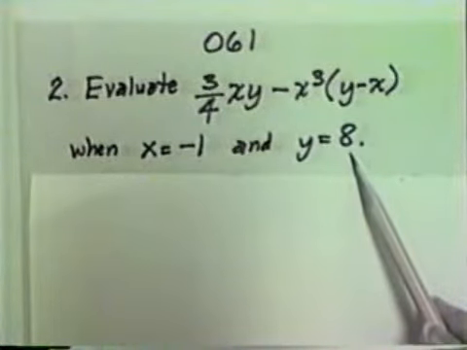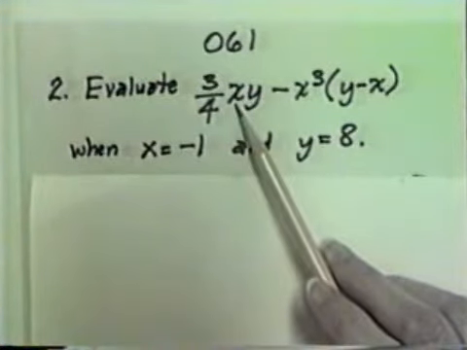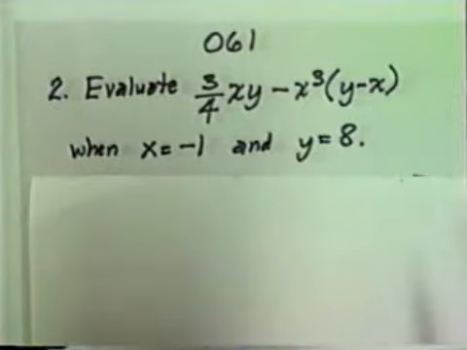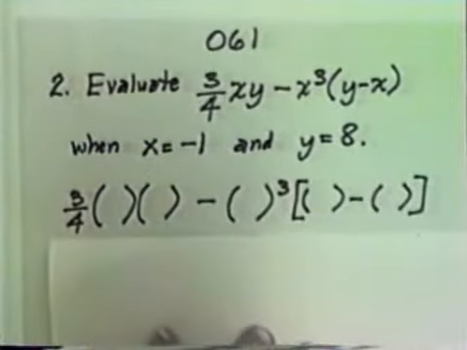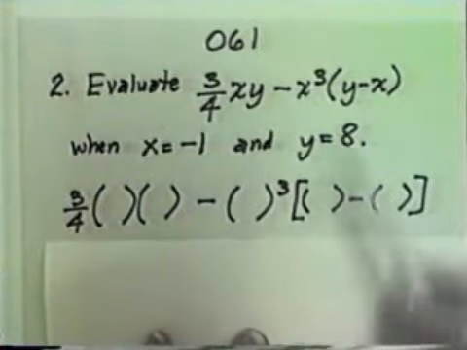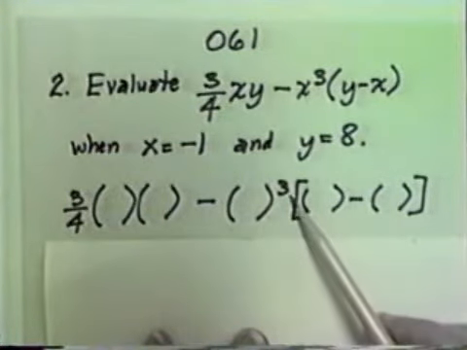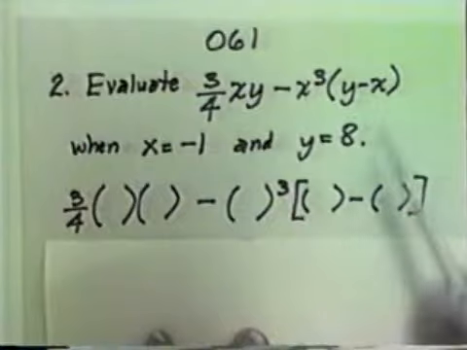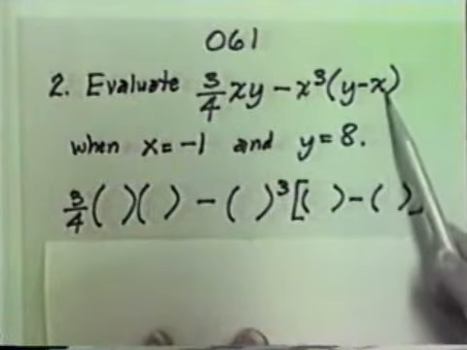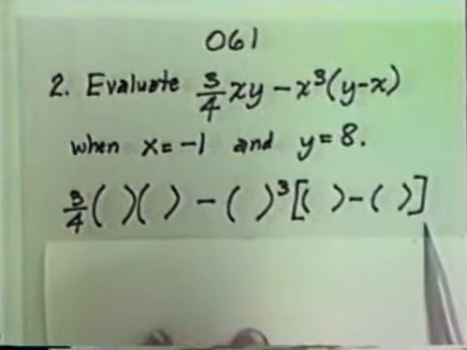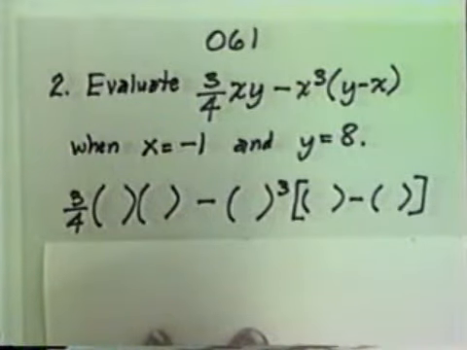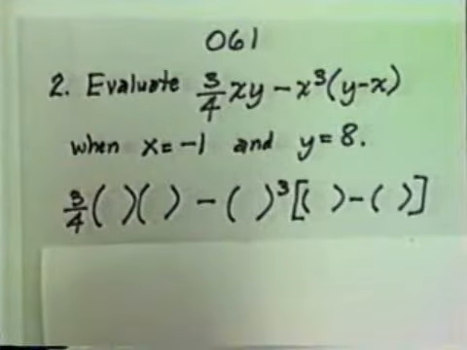When we write the parentheses to receive each of the variables, we must write a set of parentheses for the x and for the y, and then the subtraction sign, and then parentheses for the x with its exponent, and then parentheses for the y and for the x. Inside a symbol of inclusion, I'm using brackets around that pair of numbers to avoid confusion.